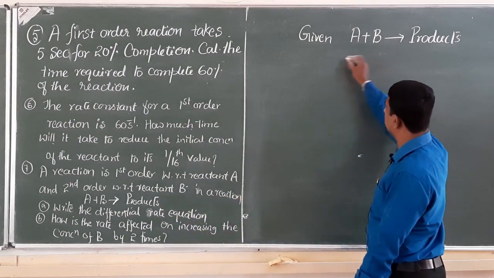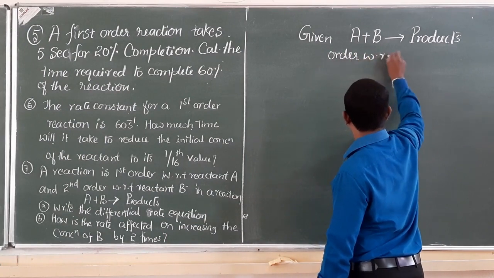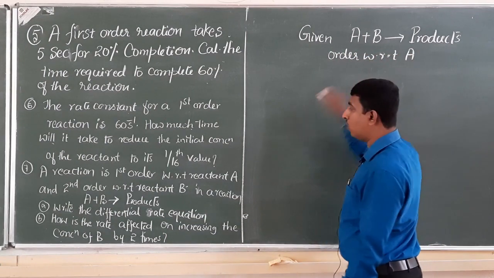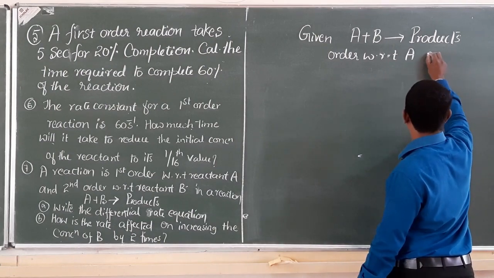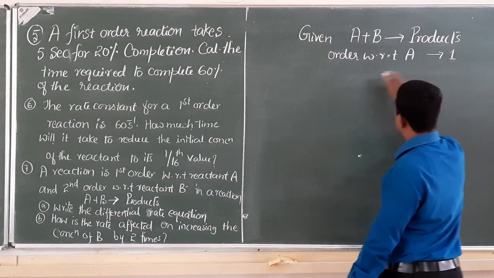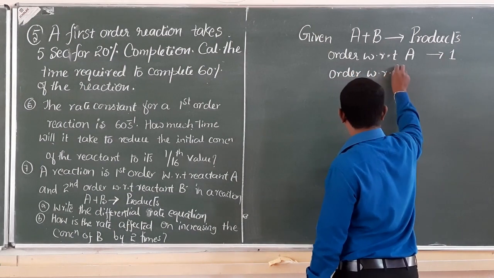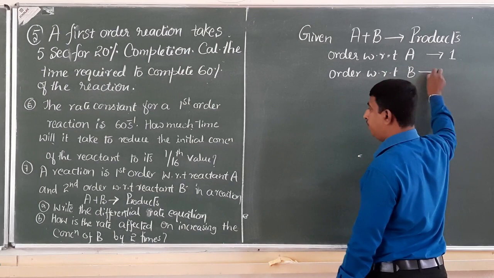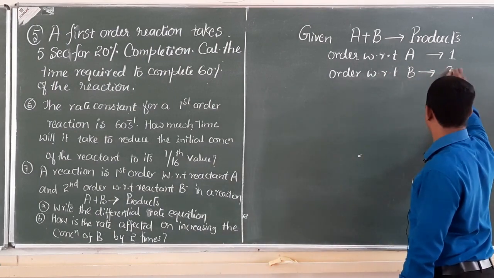What they have given is the order with respect to reactant A, it is 1. Order with respect to reactant B, it is 2, second order.